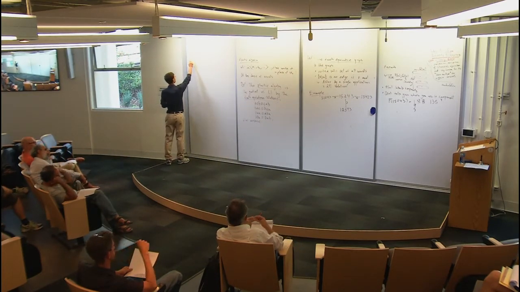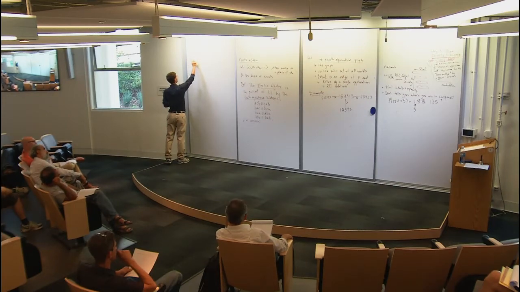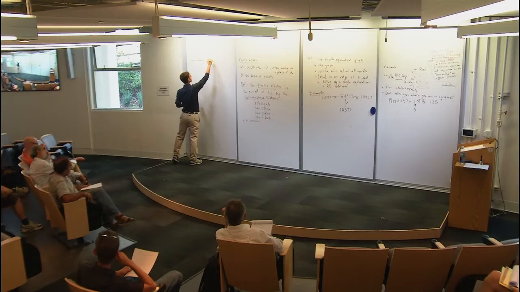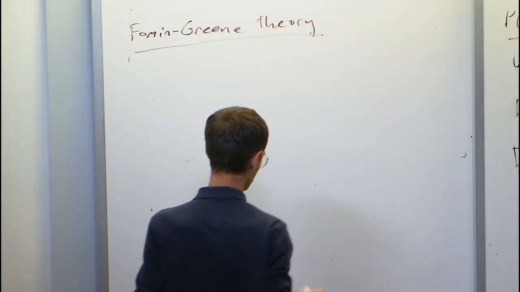Okay, so here's the general Fomin-Greene theory of non-commutative Schur functions.